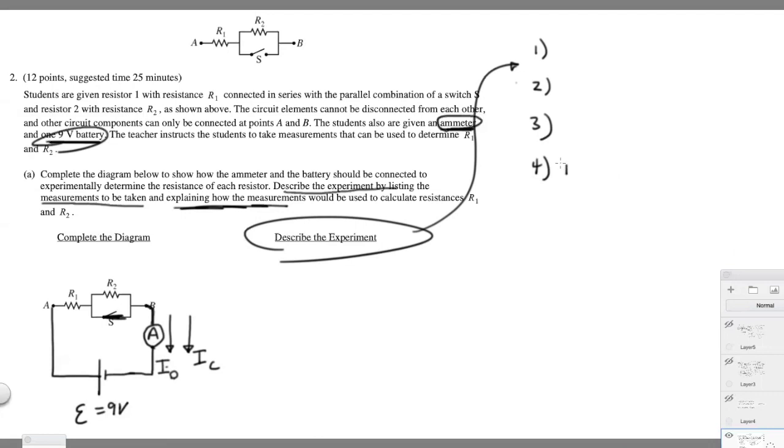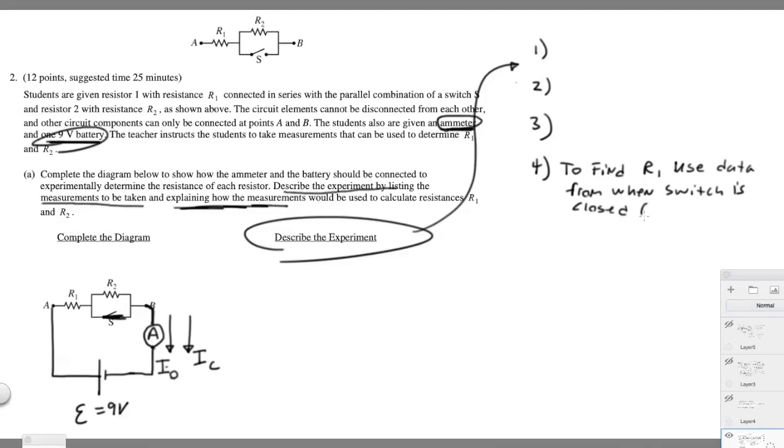All right, step 4. So now we're getting into how to find the resistances. Step 4, to find R1, we're going to use the situation with switch closed. To find R1, use data from when the switch is closed.